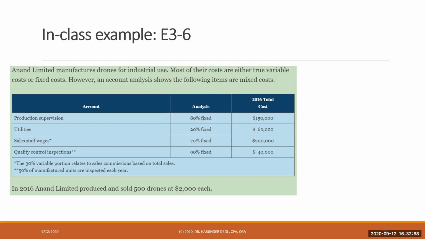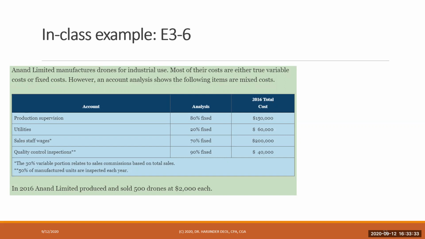They have product supervision costs that are 80% fixed, utilities costs that are 20% fixed, sales staff wages that are 70% fixed, and quality control inspection costs that are 90% fixed. And we're also given the total costs in dollars for the year 2016 for each of these cost items. In addition, we are told that in 2016, the company produced and sold 500 drones.